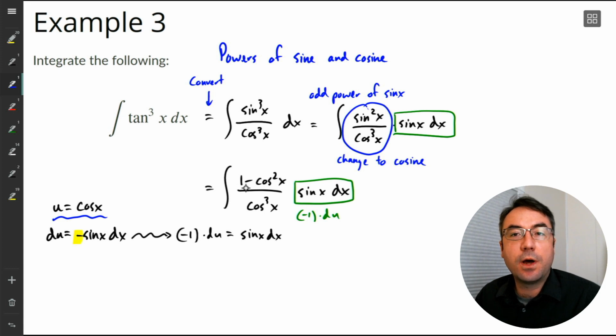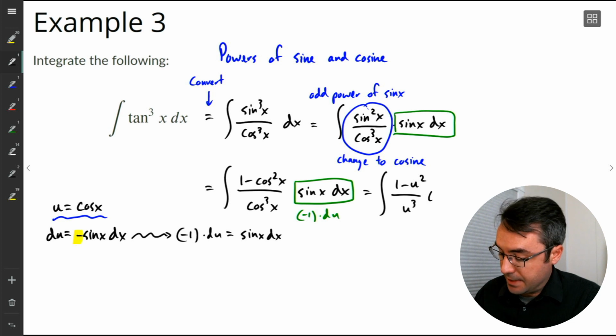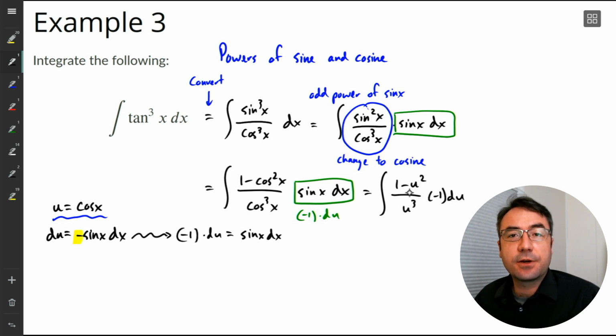So we're going to end up with 1 minus u squared divided by u cubed, and then times our -1 du. And so there's our nice integral, and we've substituted in all of the pieces here.